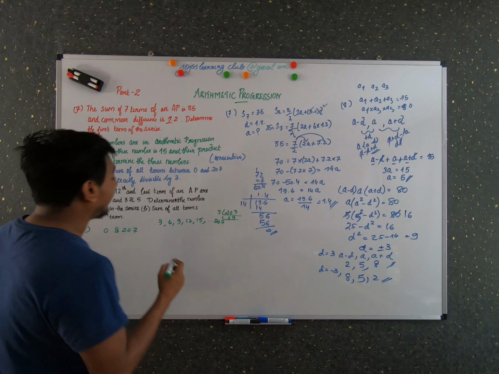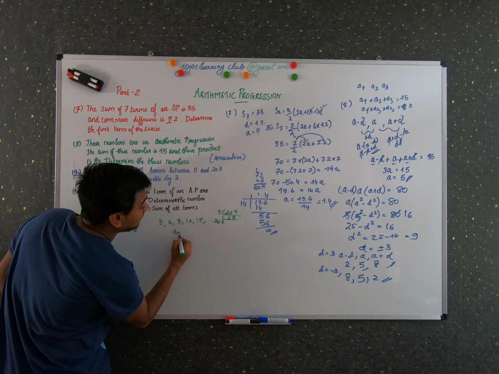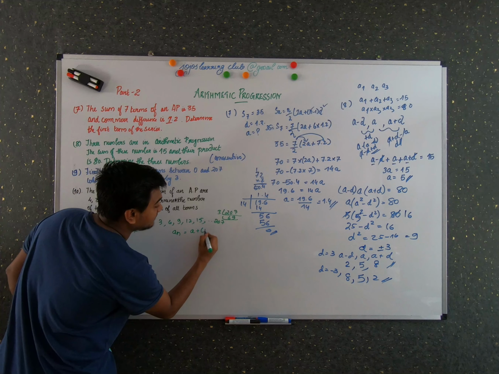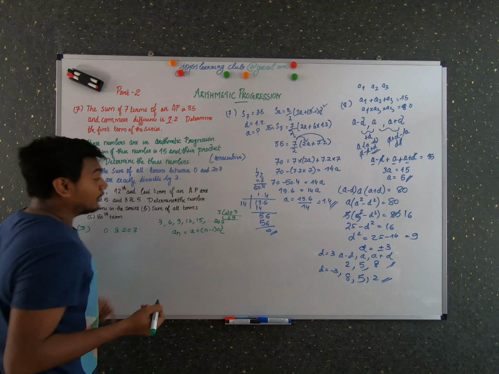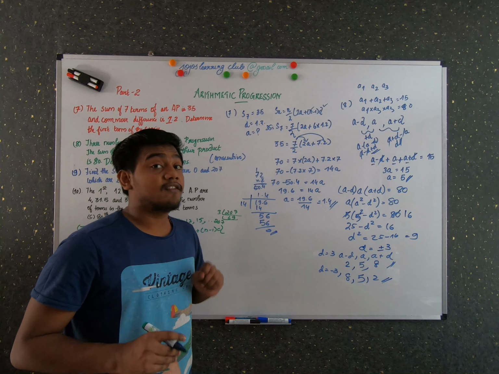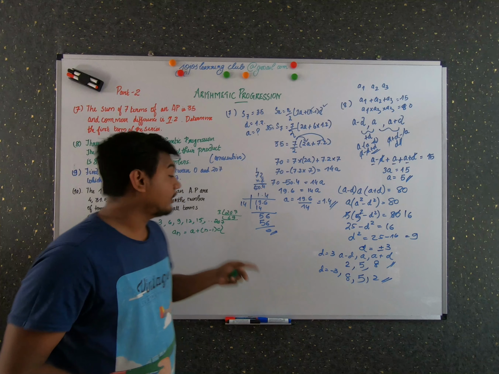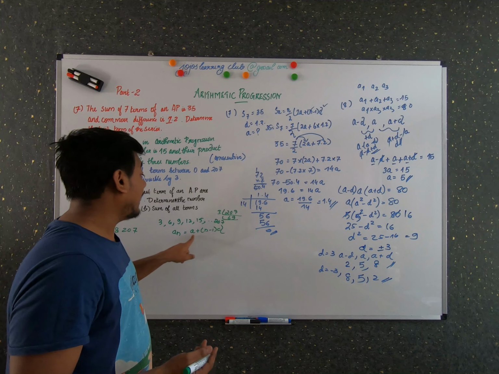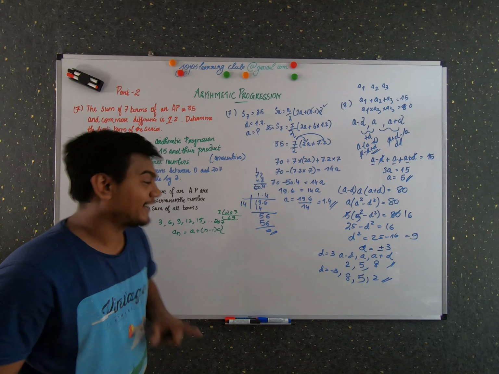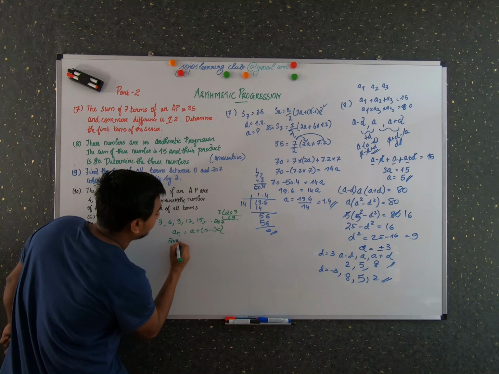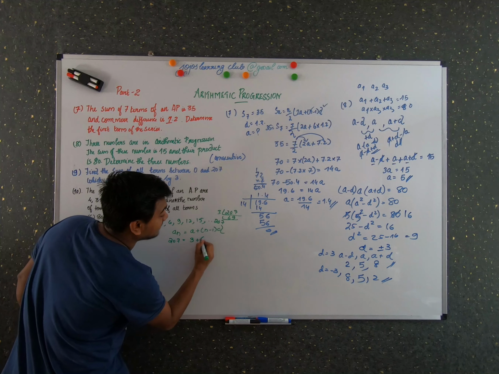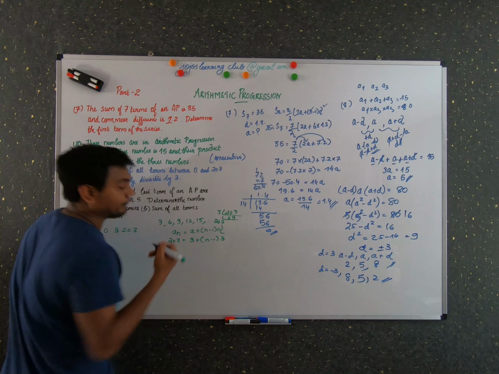So for that, let's find the nth term. a n is already known: a plus n minus 1 into d. And it is said that the terms are exactly divisible by 3, so you know that the common difference is 3 over here, and a is also 3. So 207 is equal to 3 plus n minus 1 into 3.